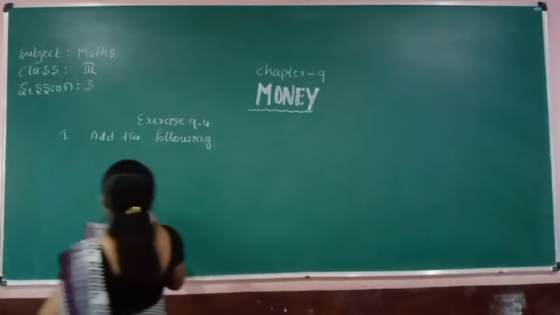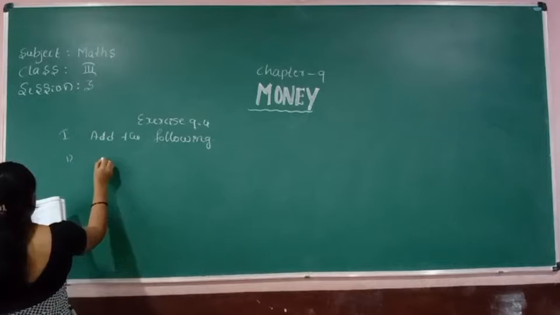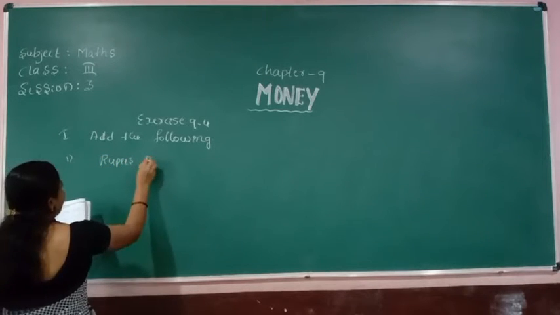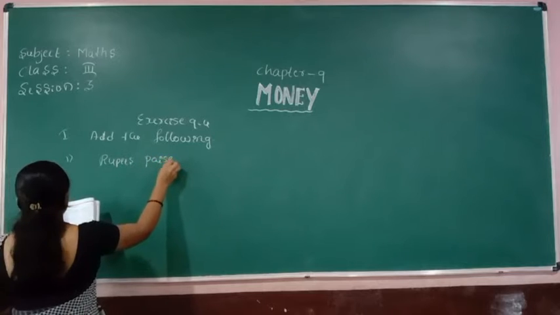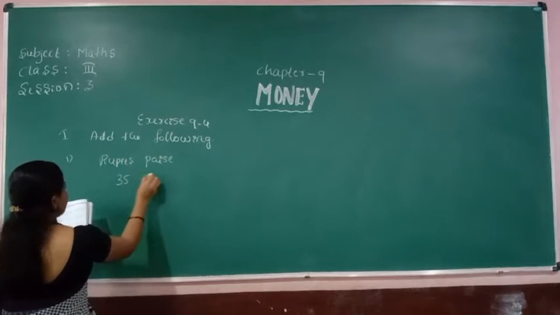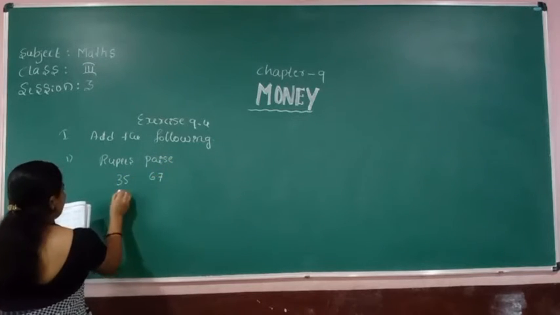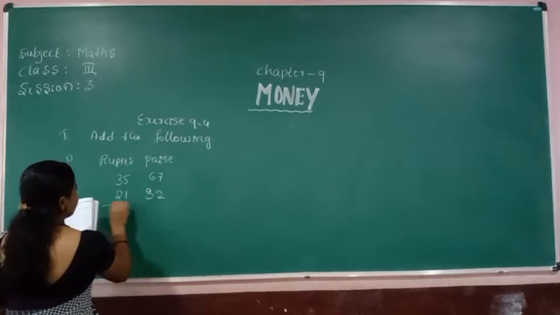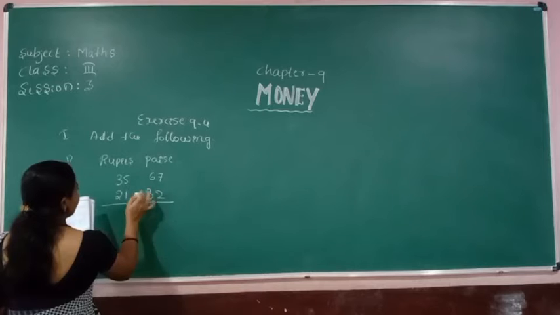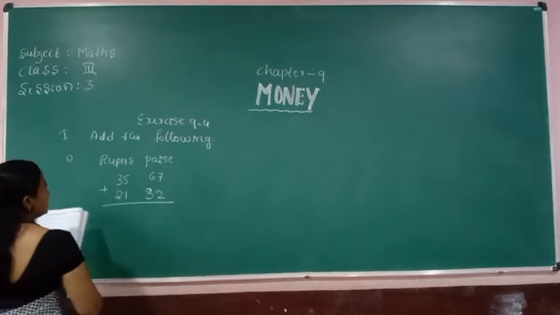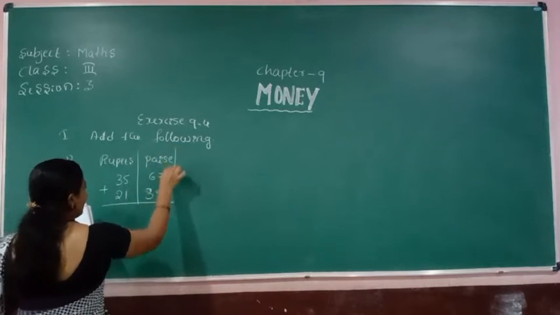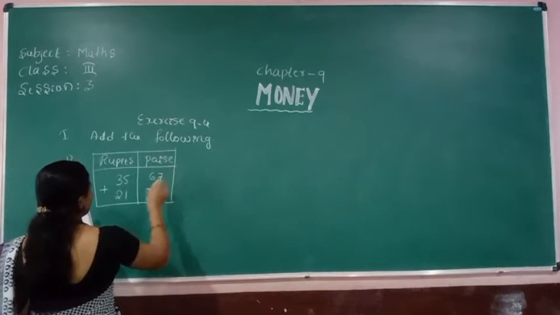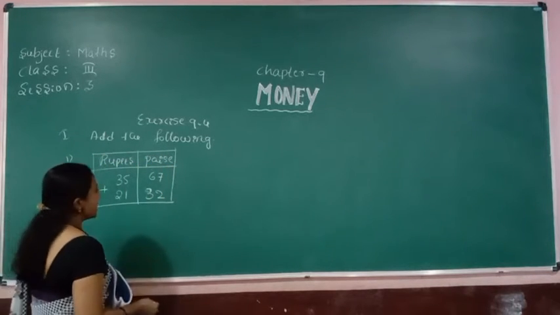So here the first one is in rupees and paise: 35 rupees 67 paise, 21 rupees 32 paise. So this is a column of paise form and rupees form. So first we will add these two.